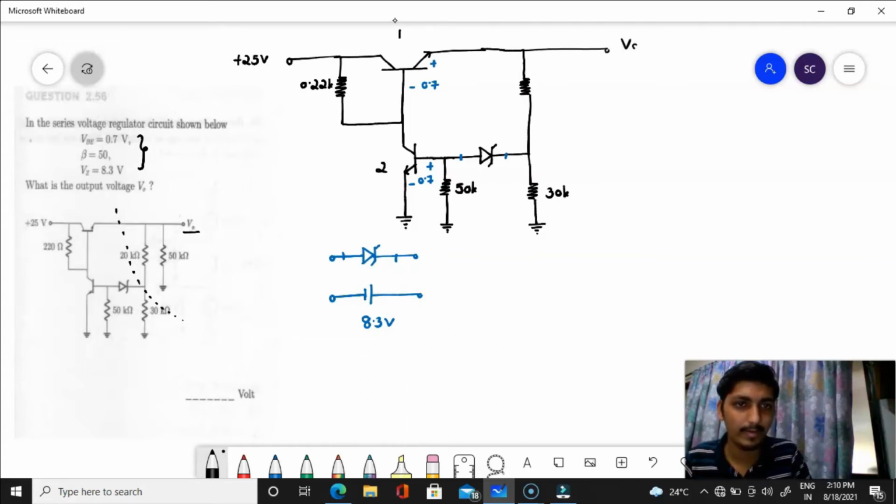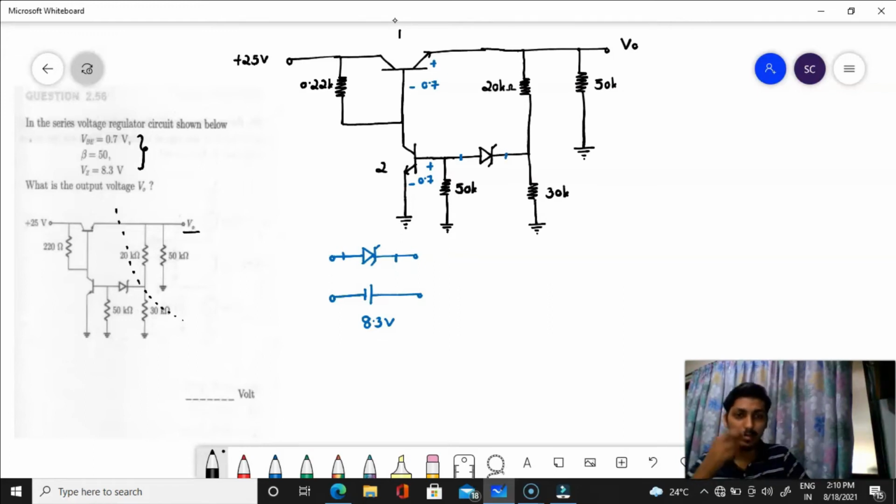This is our V0. This will be 50 kilo ohms, and this is also grounded. So this is our 20 kilo ohms and this is 50 kilo ohms.